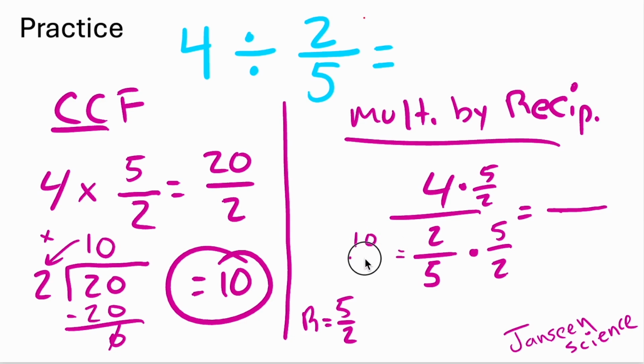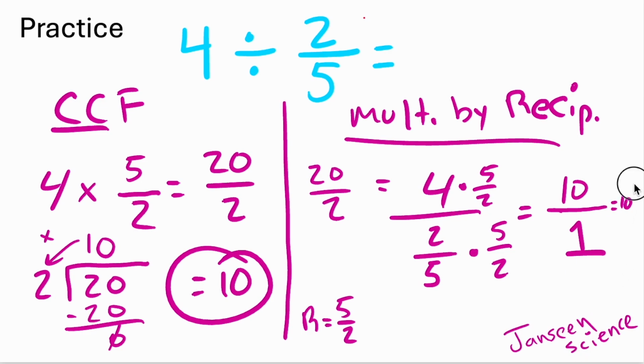So that would be 10 and 10. 10 divided by 10 is 1. So the 1 goes under here. And then let me just erase all this. And then 4 times 5 is 20. So I'll just write it over here. Over 2. And 20 divided by 2 is 10. And then 10 divided by 1 is 10. So your answer is 10.